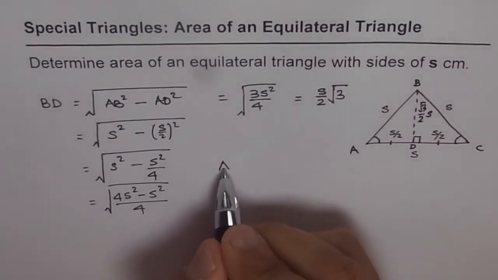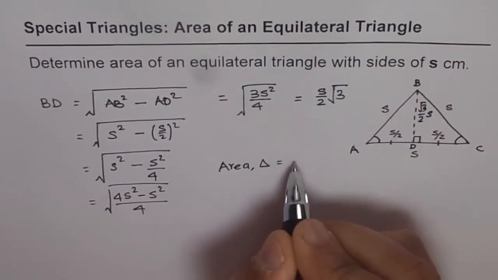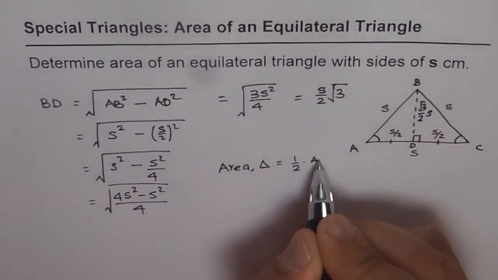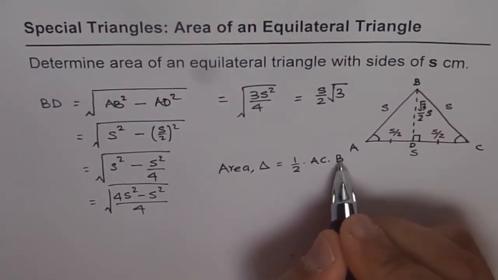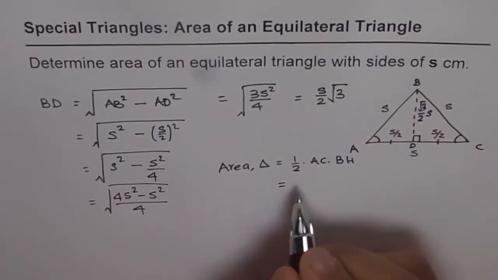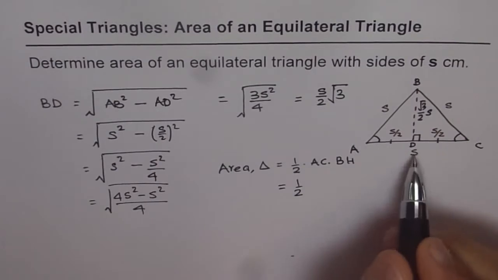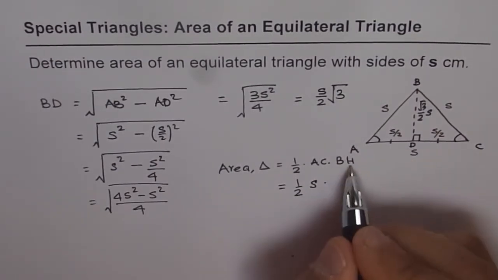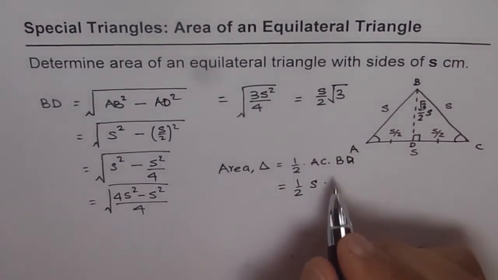Now once we know the base and the height, we can always find the area of the triangle. So the area of the triangle will be half base, which is AC, times BD, which is the height, correct? So let's place the values. When we substitute, AC is equal to s, the side, and BD is square root 3 over 2 times s.